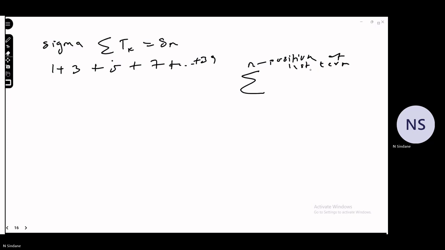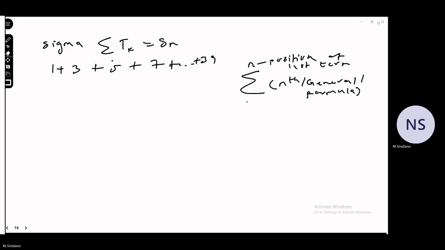The position of the last term will come here. Here, you'll have your nth term, the general term formula.